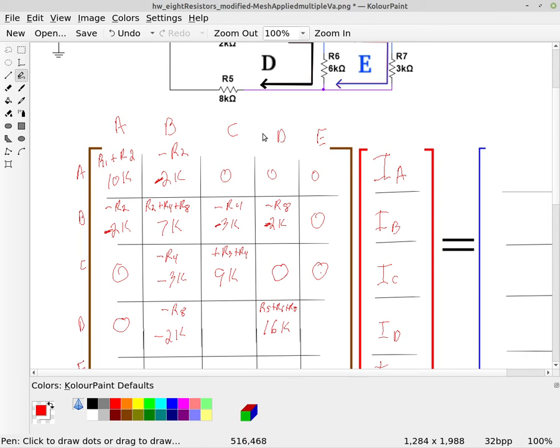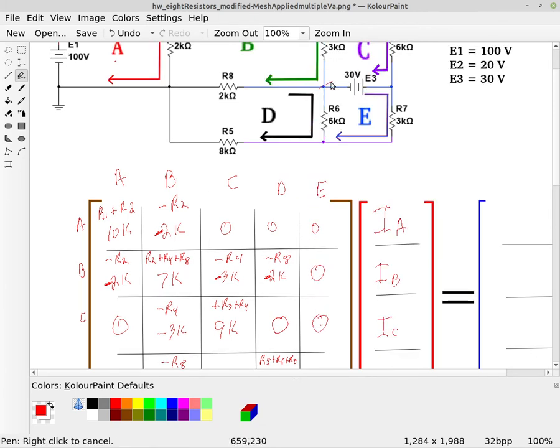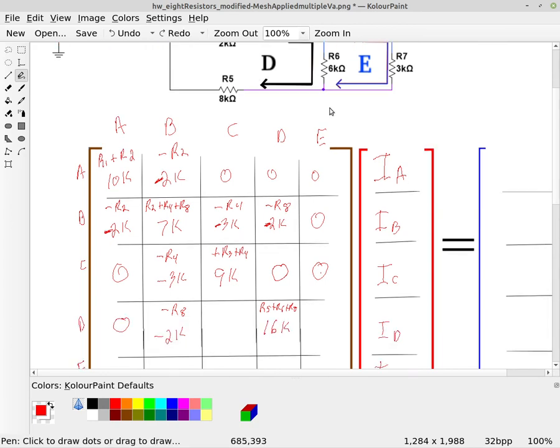And then C and D only touch at that node, so there's no resistance they share. So again, that's a 0. And then D and E are sharing R6, so we're going to subtract off R6 here, which is 6K. So again, that's a minus 6K.